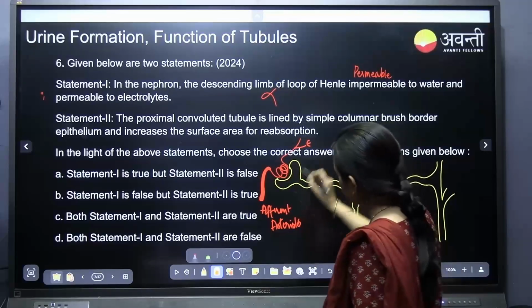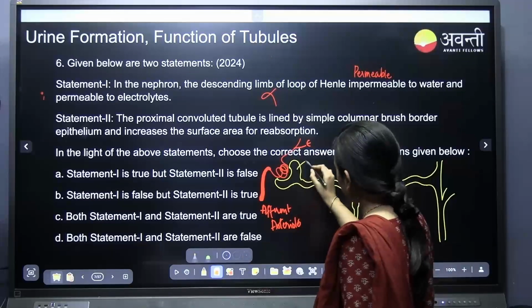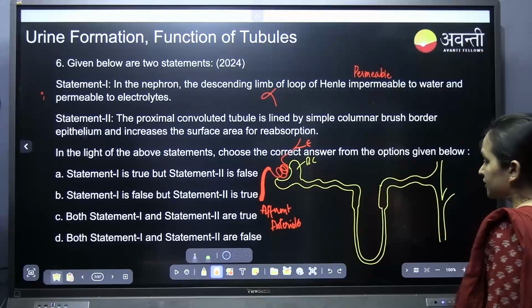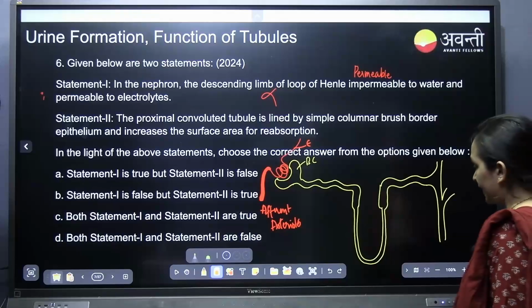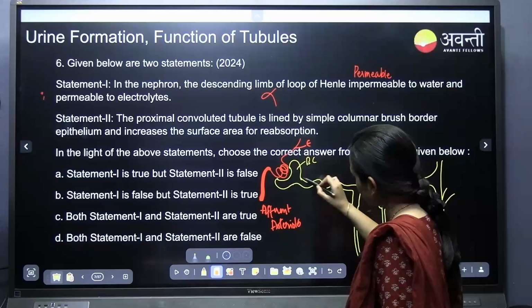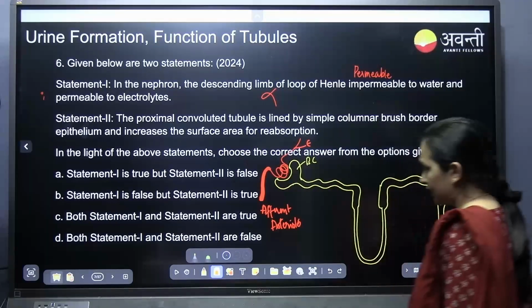What is this? This is Bowman's capsule. Here selective reabsorption and secretion happens, isn't it? Now we are going to learn about how the selective reabsorption and secretion happens.